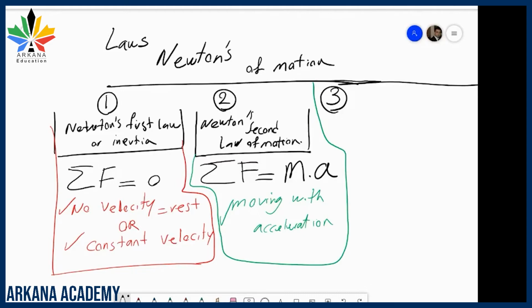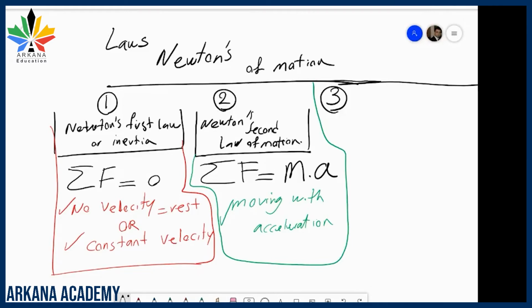So if we talk about Newton's third law of motion, it says there is always an equal magnitude and opposite direction force acting against any force being applied on objects or a person.